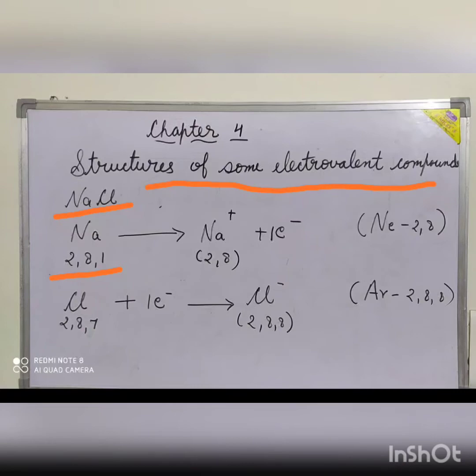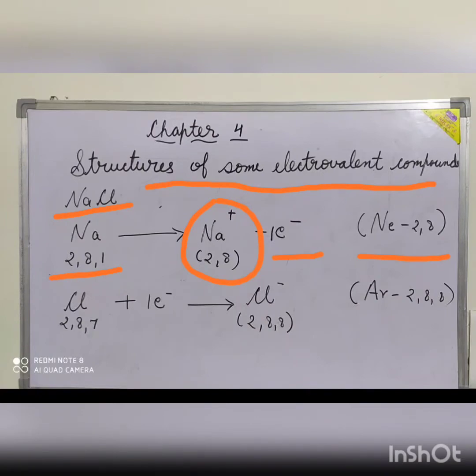So sodium loses one electron and attains the configuration of the nearest noble gas, that is neon, whose configuration is 2, 8. So sodium ion is formed after losing one electron, having the electronic configuration 2, 8.